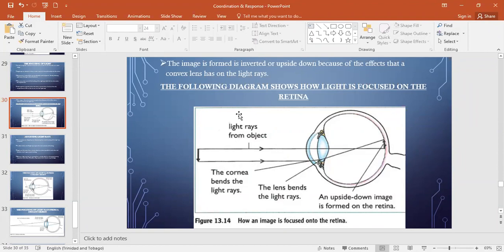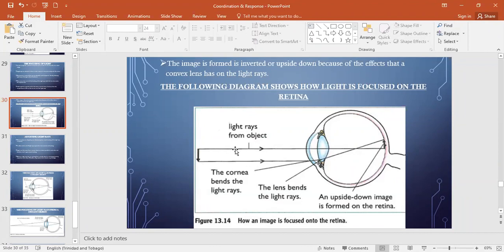All right. So normally when you are talking about light rays from a more distant object, the distant light rays are more parallel to one another, so they are straighter, therefore not much adjustment has to be made.